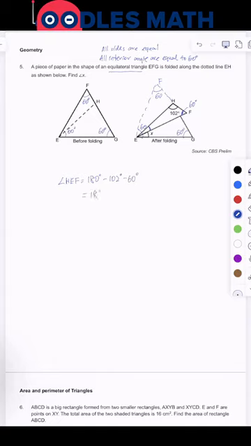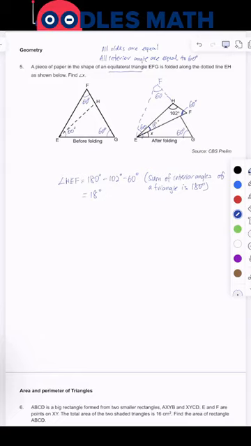Now what property are we looking at in this case? This is actually the sum of interior angles of a triangle is 180. So using this property, I find that angle HEF is 18 degrees.